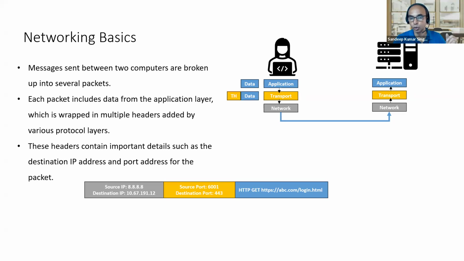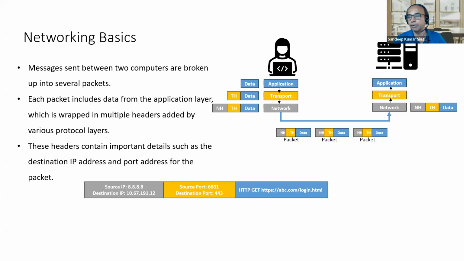You can see that the transport layer will add its own headers to the data. The network layer will add its own headers to the data, and then the packets will flow using the internet to the server, the target, wherever the packets are destined for, right? And then the network layer will get rid of the network layer headers. Then the same thing will happen at the transport layer, and finally the application layer gets the raw data that started from the sender side, and the raw data becomes available at the server end, right?